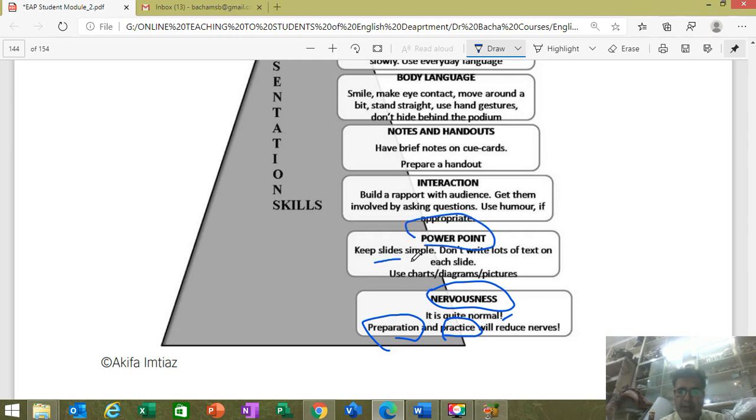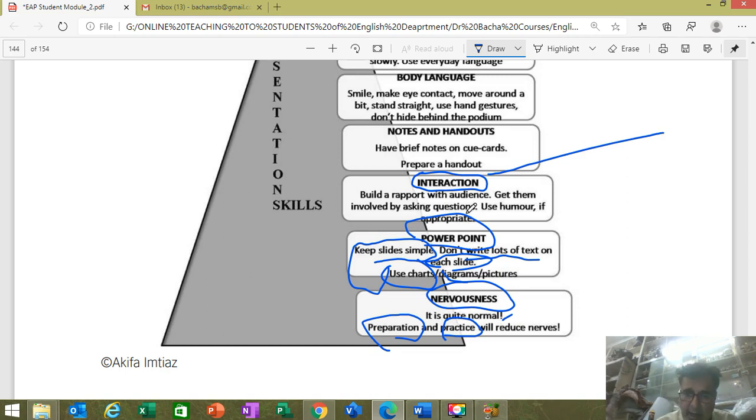PowerPoint: keep slides simple. Do not write lots of text on each slide. Keep your slides as simple as possible, and use charts, diagrams and even pictures, because they make your presentation better. And interaction is a very, very important point here.